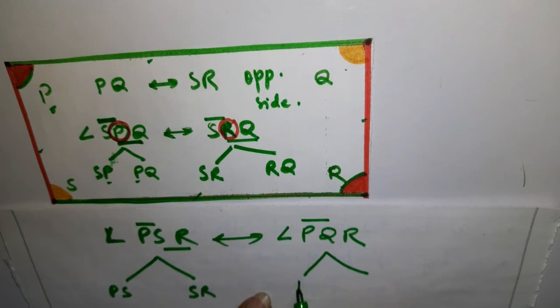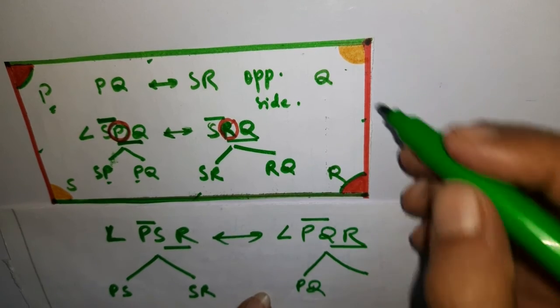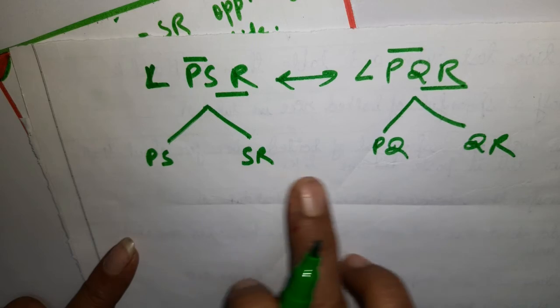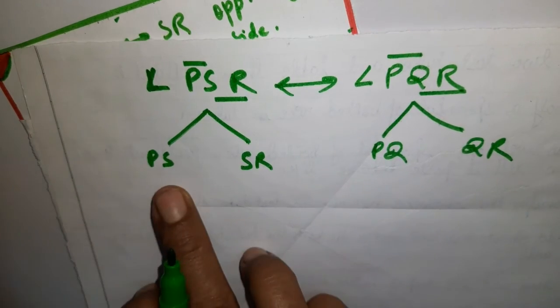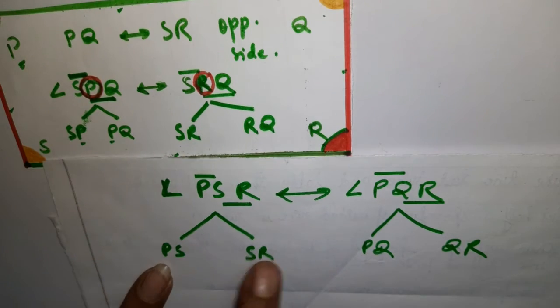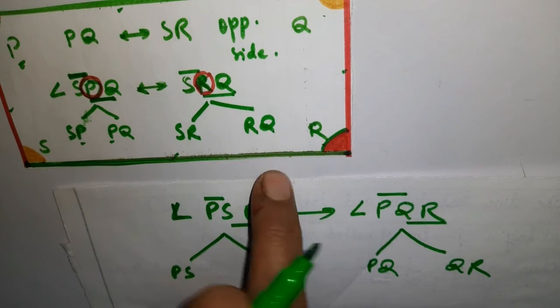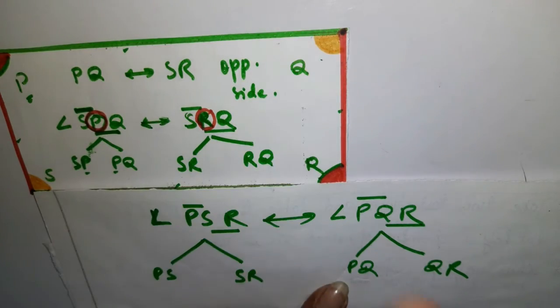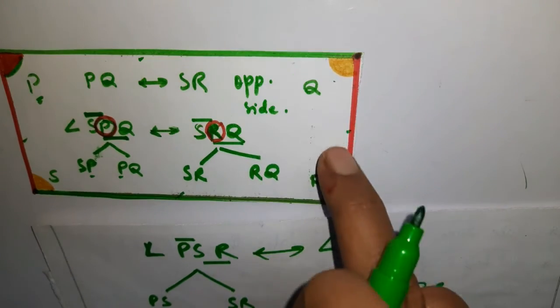PQ and then QR, and let us check whether these arms are same. This is PS, this is SR, this is PQ, and this is QR.